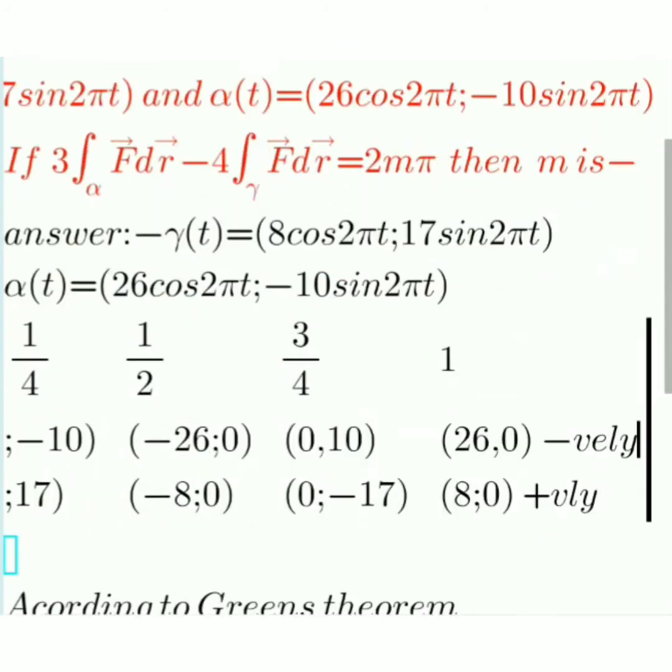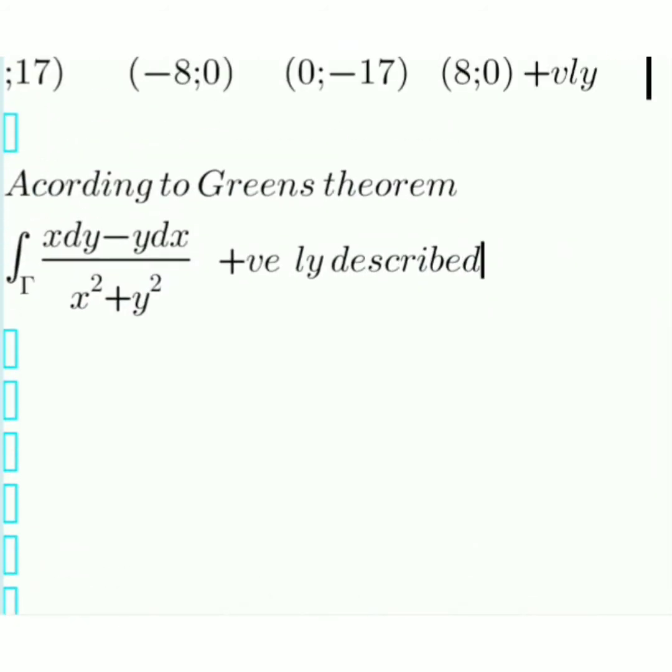But suppose positively described, then this value should be 2 pi. This is the theory. I will prove in my next video, very easy and very simple, how it is 2 pi according to Green's theorem, friends.